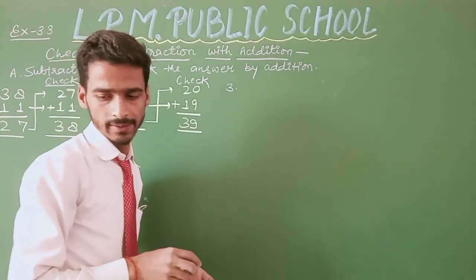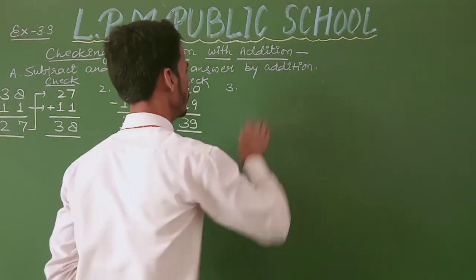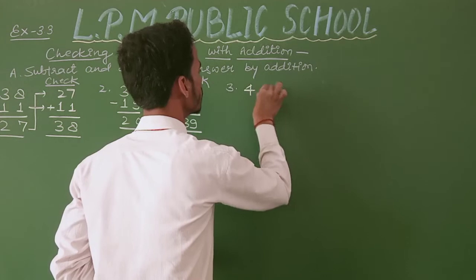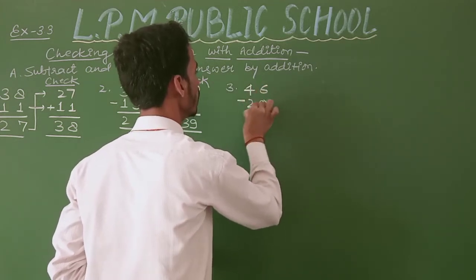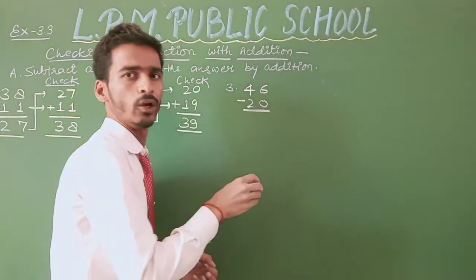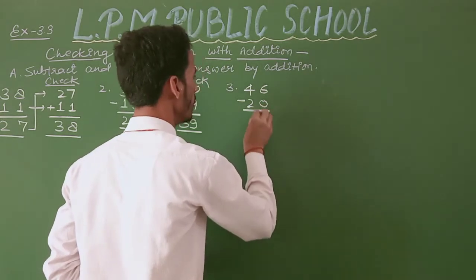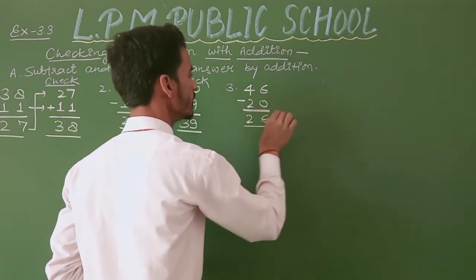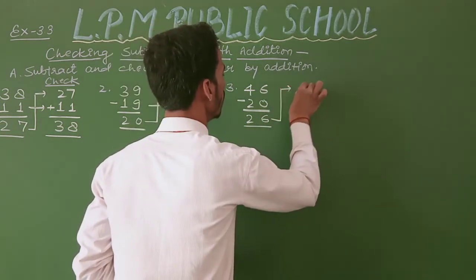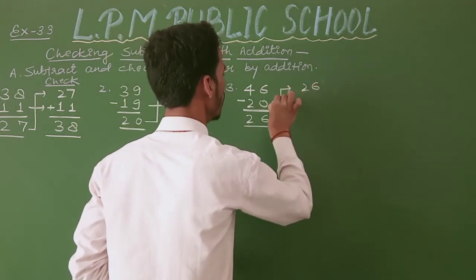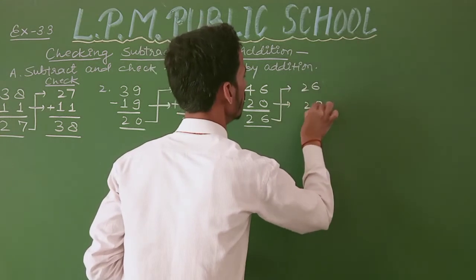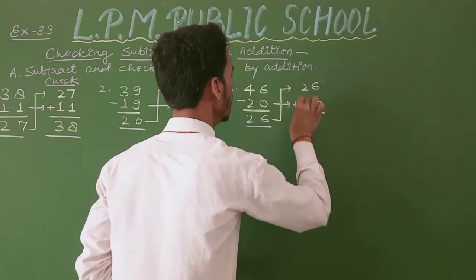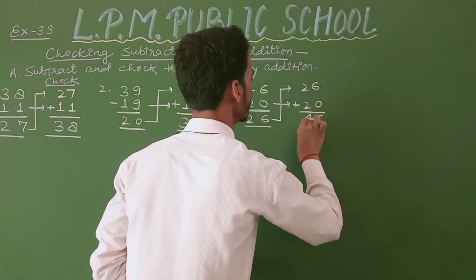Question number 3 is 46 minus 20. 6 minus 0, that is 6. 4 minus 2, 2. Okay, and now that is the difference, and when we add the difference and the smaller number, that will be equal to the bigger number, that is 46.